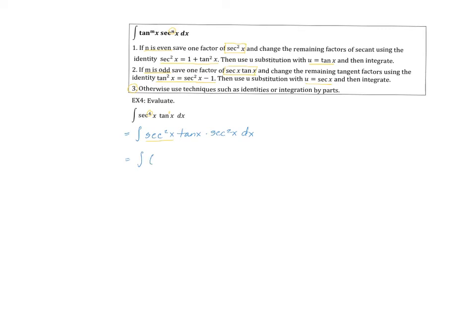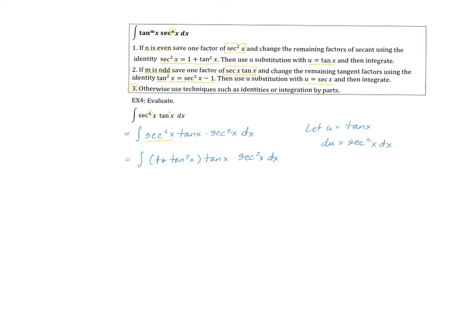So this is going to be 1 plus tangent squared times tangent. And then I have this secant squared x dx that I need to get rid of by letting u be tangent. So my du is secant squared x dx.